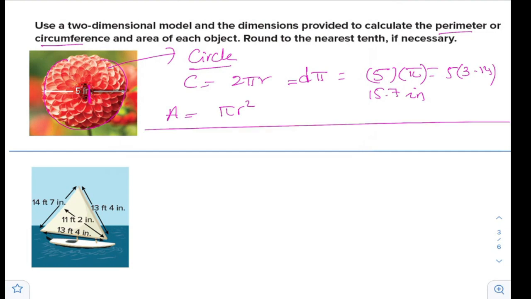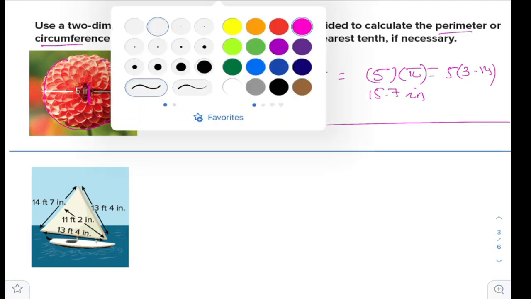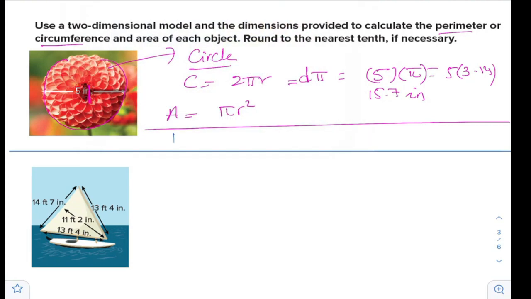So our radius is 5/2, which is 2.5, and accordingly, area is pi r squared, which is 3.14 times 2.5 all square.